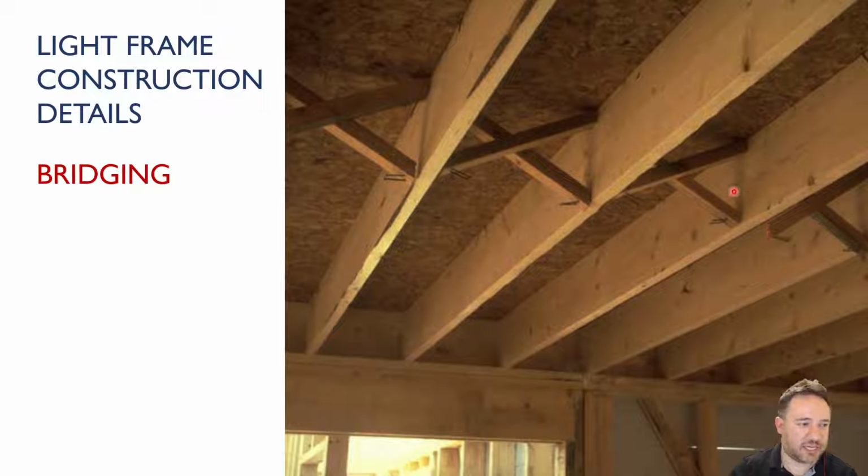But basically what's happening is the top of this member is being braced against the bottom of the next member. So in lateral torsional buckling, if you're pressing down on a beam, the top wants to buckle out to the side. So in order to prevent that, we put this bridging here. You can also do this by putting a block in here, like a solid piece of, if this is a 2x10, you put a solid piece of 2x10 and then toenail it in on the edges to prevent that sideways lateral torsional buckling.